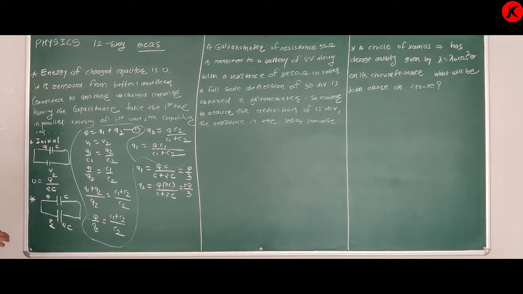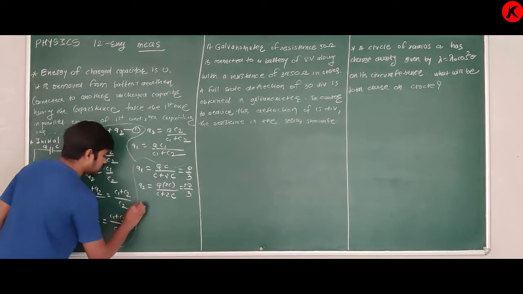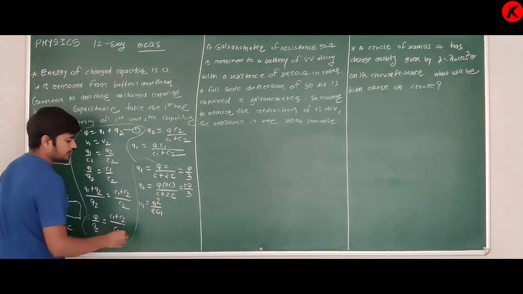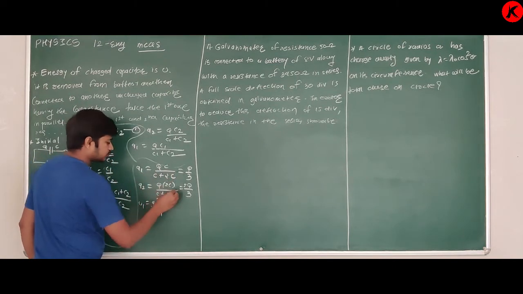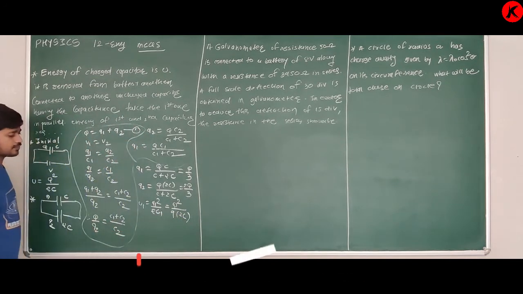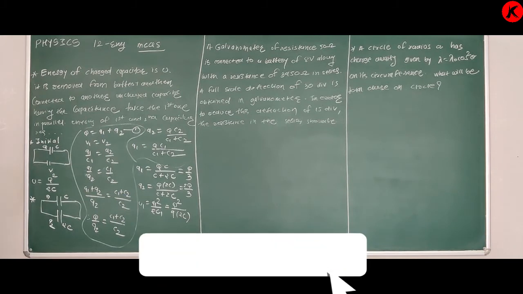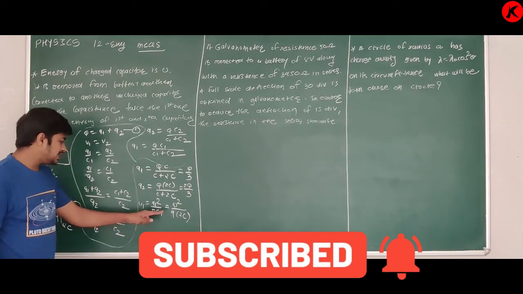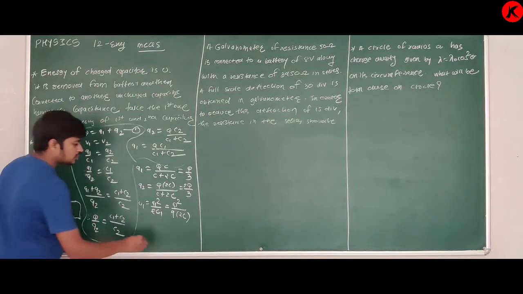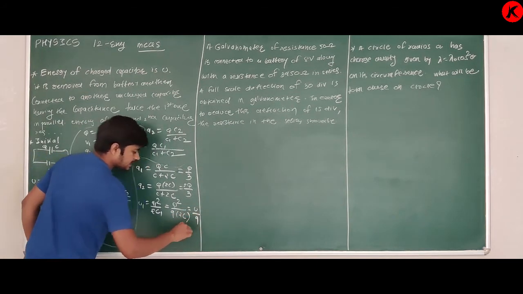Now, how to find the energy? U1 is equal to Q1 square upon 2C1. Q1 square is Q square divided by 9, and here it is 2C, with C1 equal to C. We know that Q square upon 2C is equal to U, so it is U by 9.